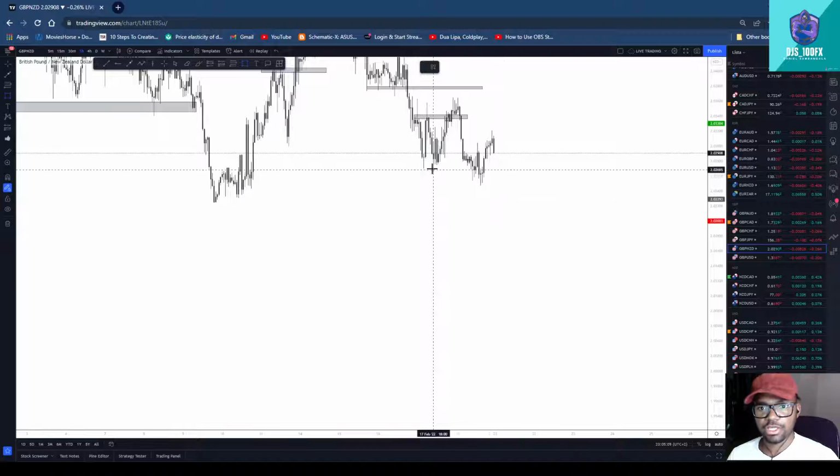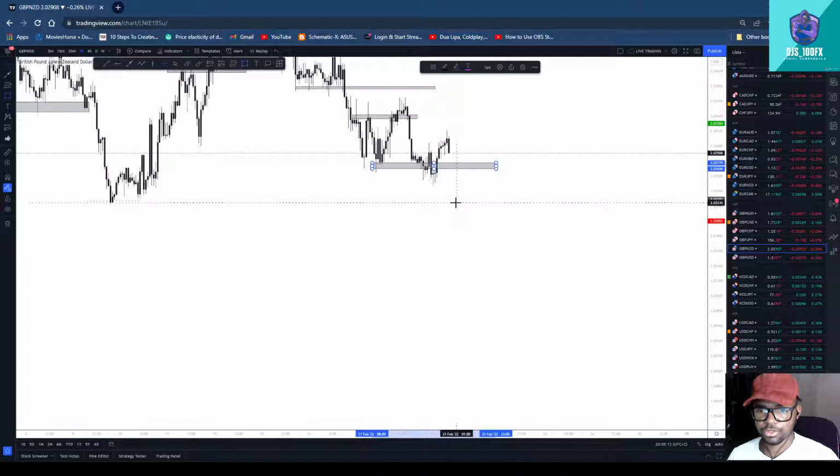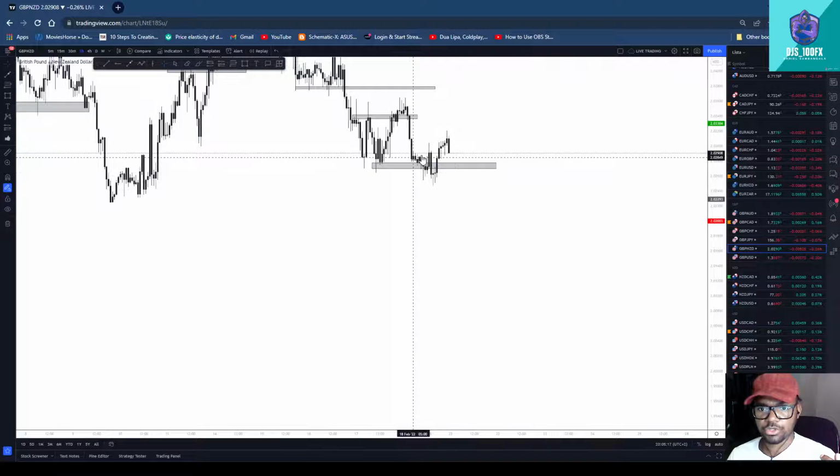This would be a good resistance support, which could later become resistance, simply because price kind of created a fake out here, broke, but then went back into the level.